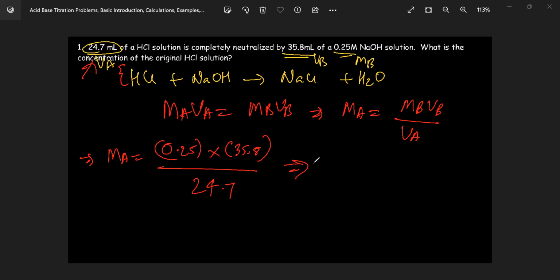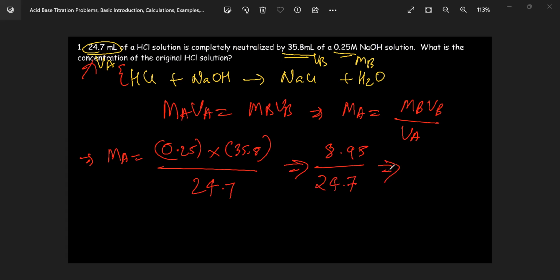Now when you put all these values in, you get the correct answer, right? So here 0.25 into 35.8 is nothing but 8.95, right? So let us write 8.95 in the numerator, and in the denominator we have 24.7.